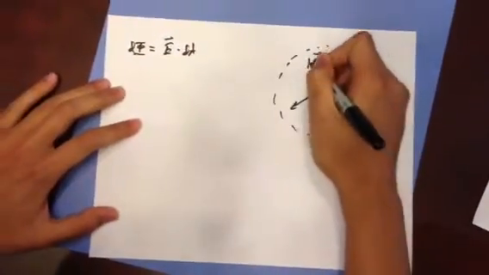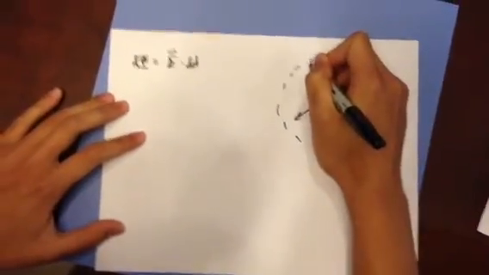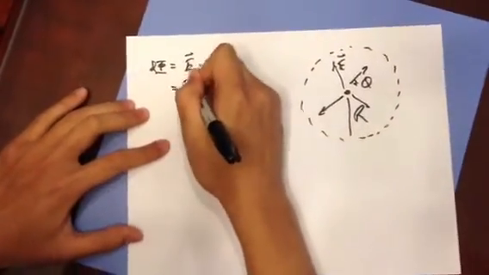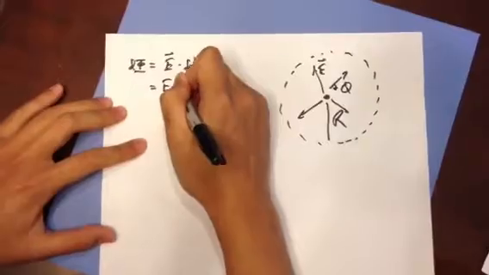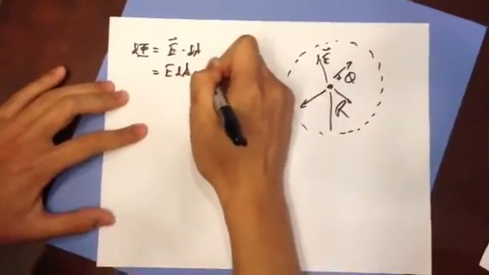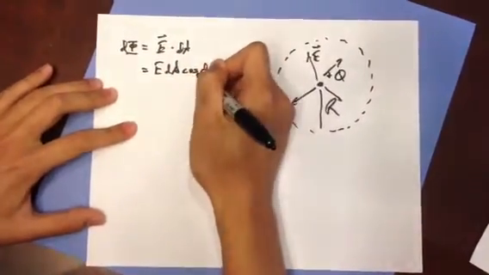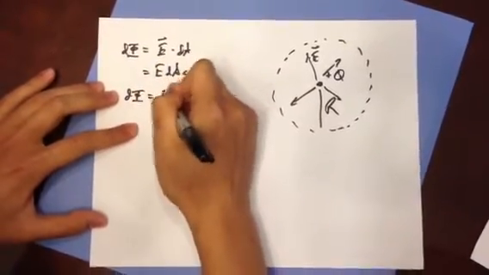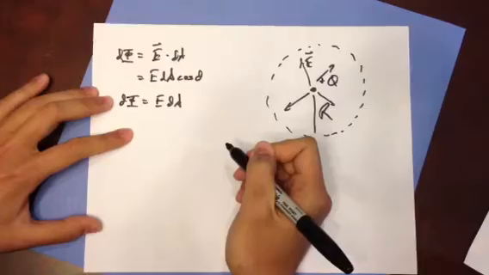Since the E's are all going to be perpendicular to our Gaussian surface, we can say E dA cosine theta, and cosine theta is going to equal 1. So d phi simply equals E dA in this case.